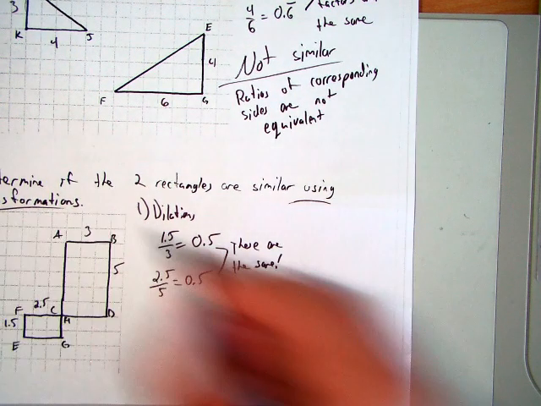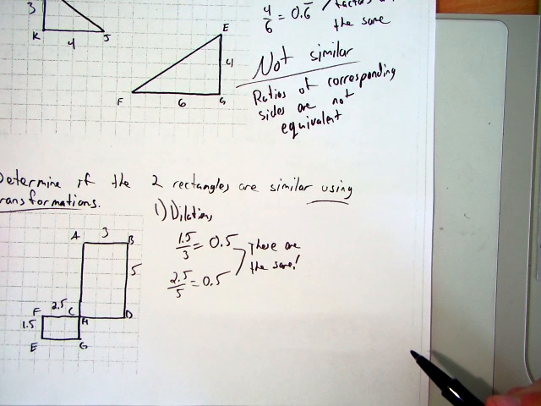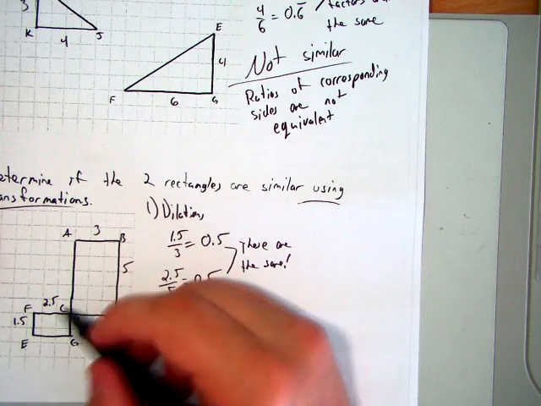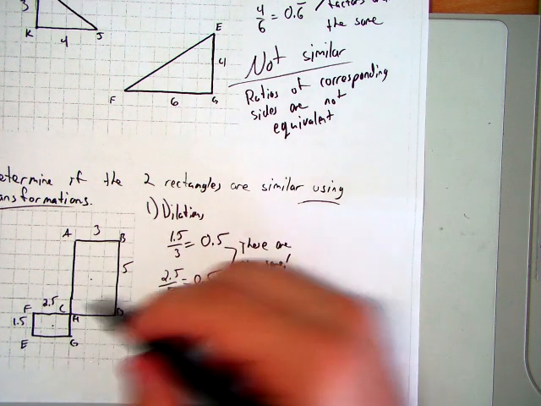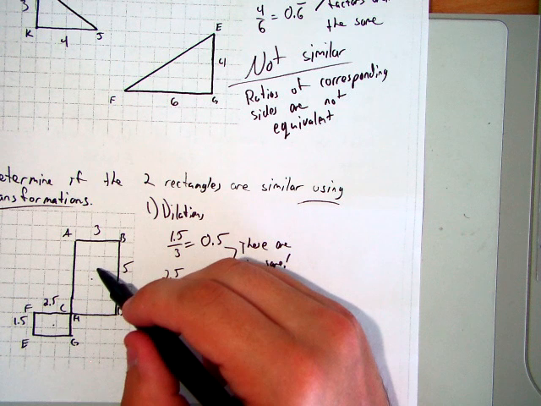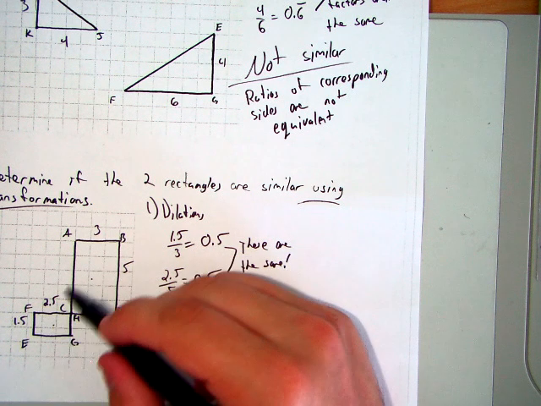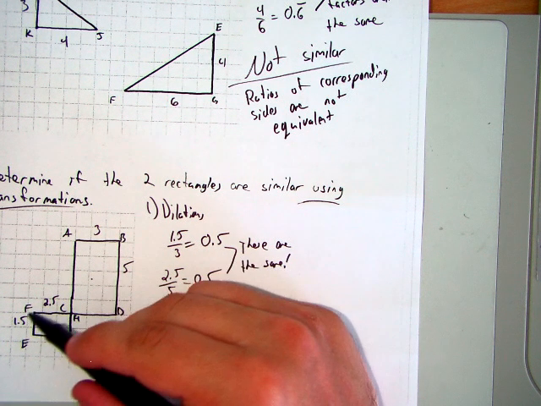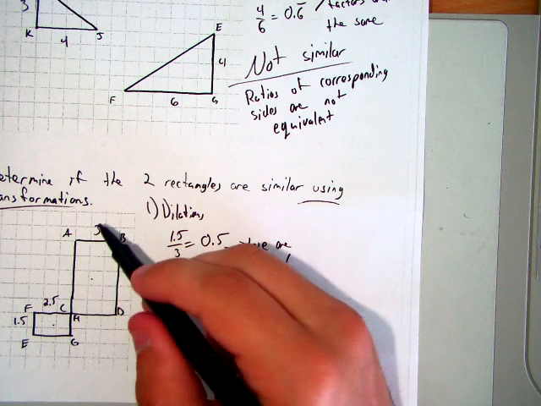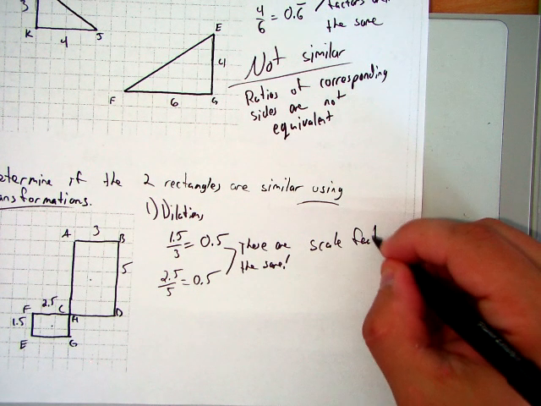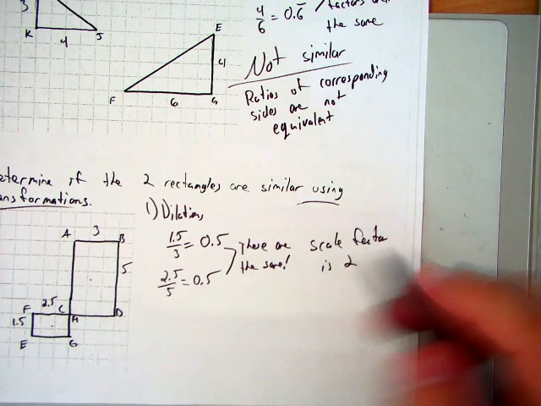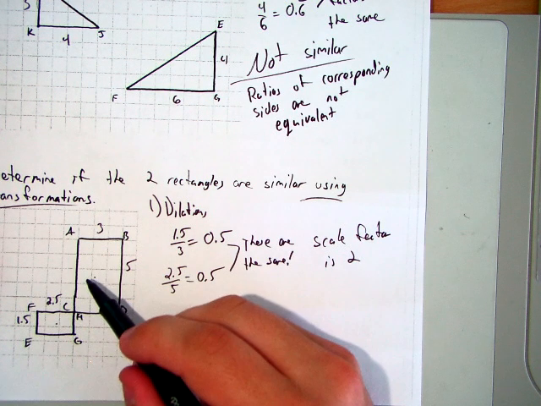Now we just need to figure out which kind of transformations we need to use. So if we want to get from this one to this one, the ratio was 0.5 from the big to the small, but if I want to get from small to big, it means I'd have to do what times 1.5 gets you 3? Well, scale factor would be 2. To get from the small to the big.